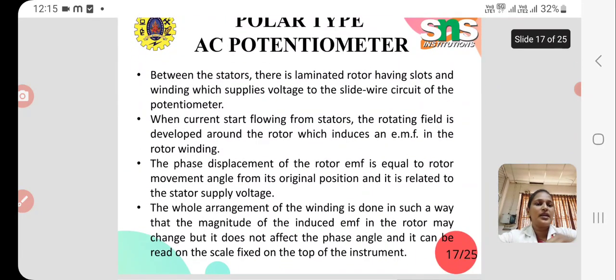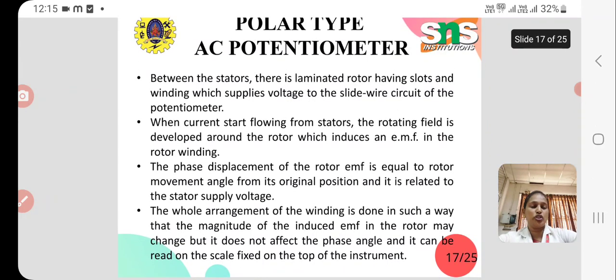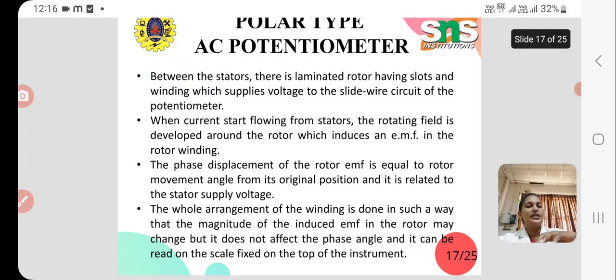Between the stators there is a laminated rotor having slots, and an EMF is induced in this rotor. The induced EMF is connected to the slide wire circuit of the potentiometer. How much EMF is induced in the rotor is measured with the slide wire potentiometer, and how much shift there is in the supply can be measured from the rotor movement.